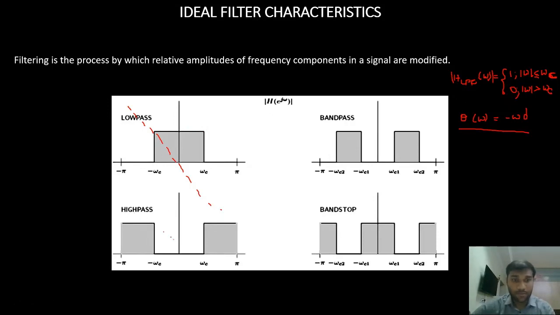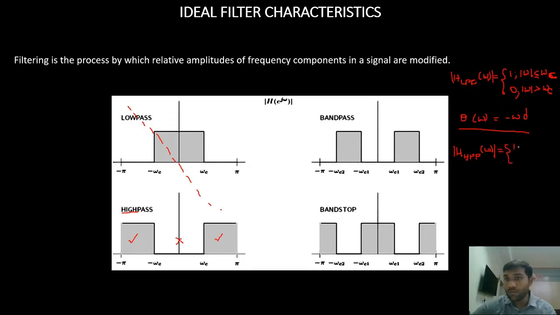And similarly for the high pass filter. What is the function of a high pass filter? It allows the higher frequencies and rejects the lower frequencies. So for the high pass filter, the magnitude characteristics can be written as how?